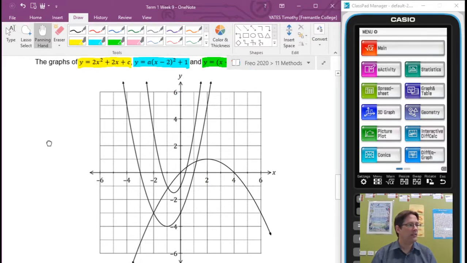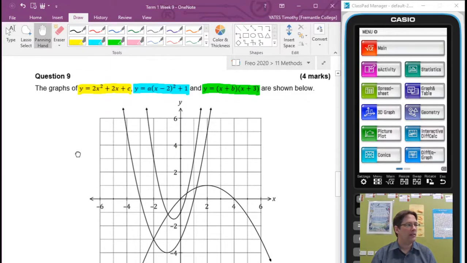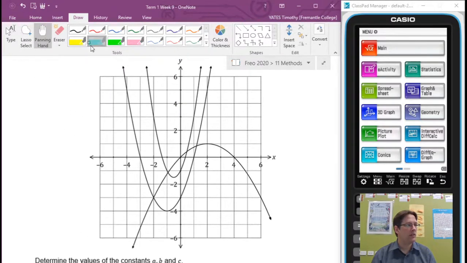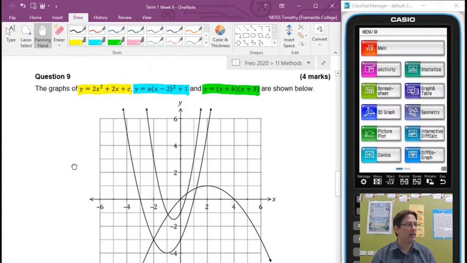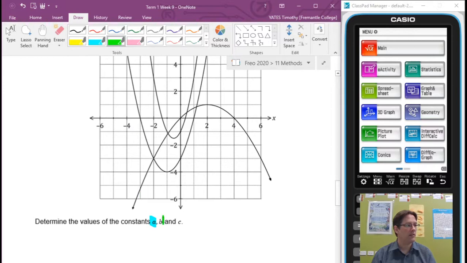I'll just scroll down a little. We need to determine the value of the constants a, b, and c. And that is, a is the blue one, b is the green, and c is the yellow.